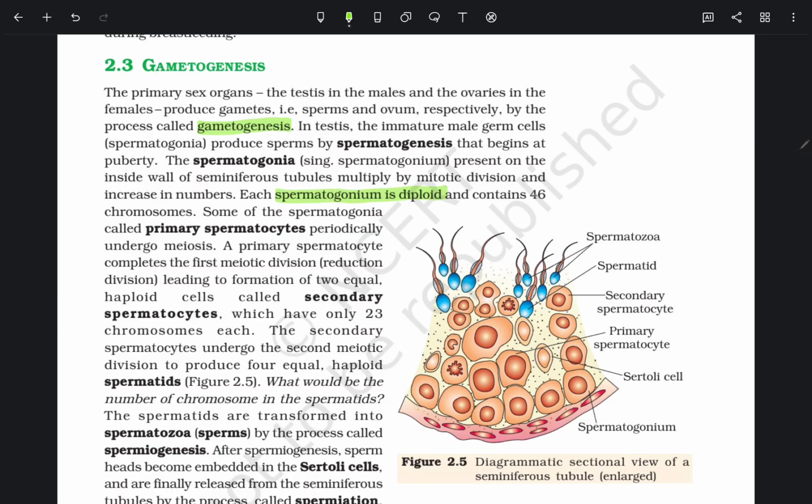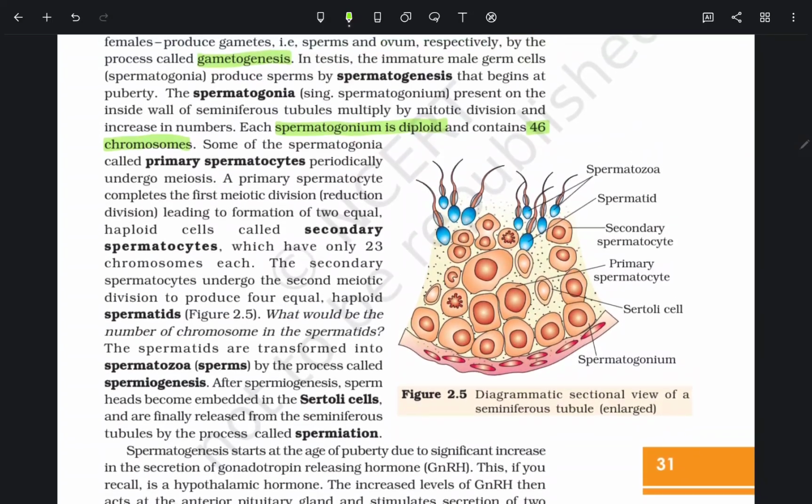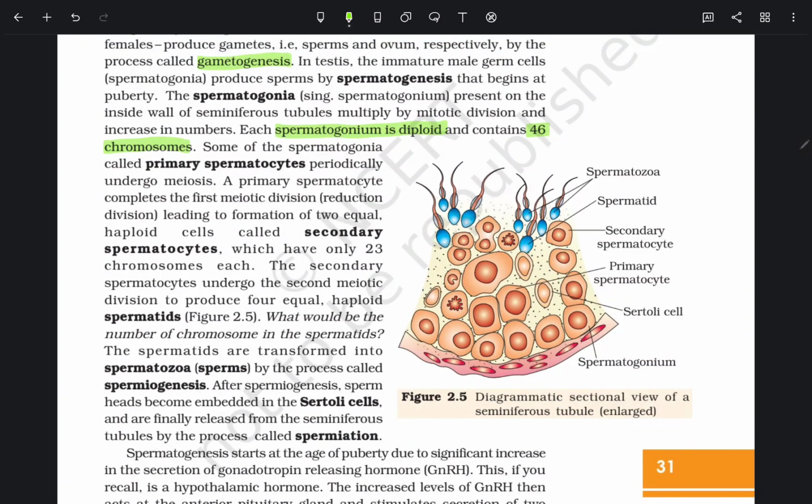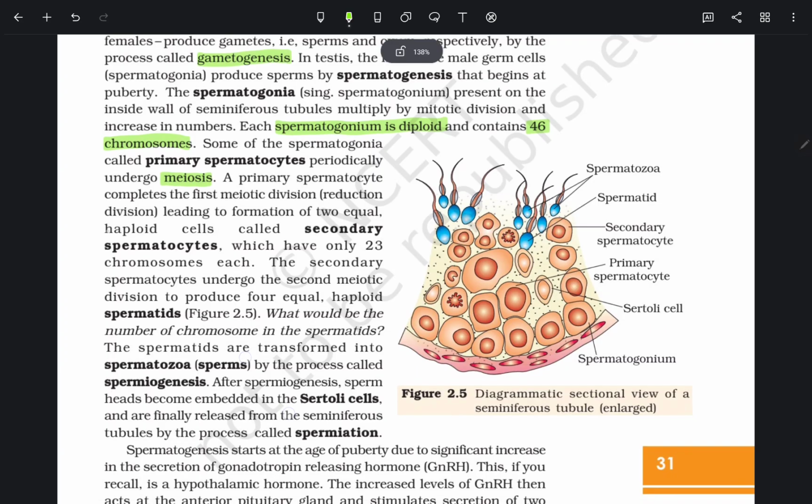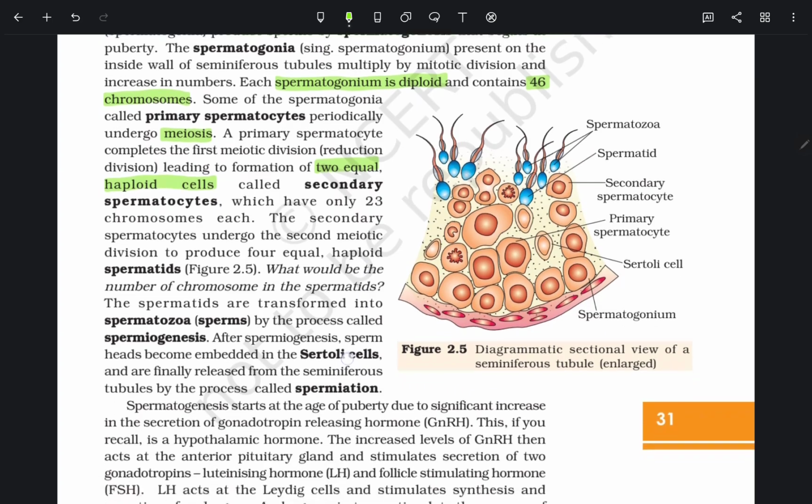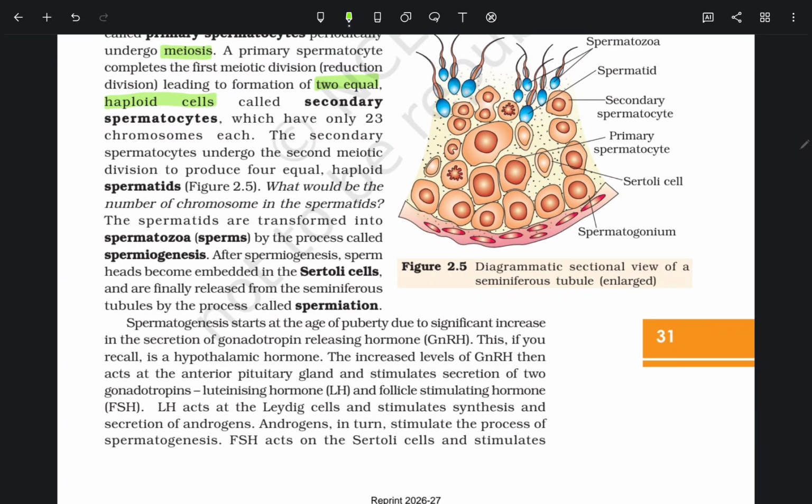and contains 46 chromosomes. Some of the spermatogonia, called primary spermatocytes, periodically undergo meiosis. A primary spermatocyte completes the first meiotic division, leading to formation of two equal haploid cells, called secondary spermatocytes, which have only 23 chromosomes each.